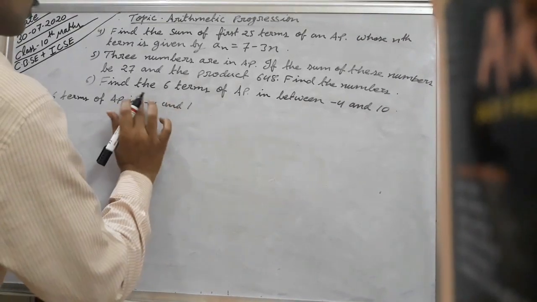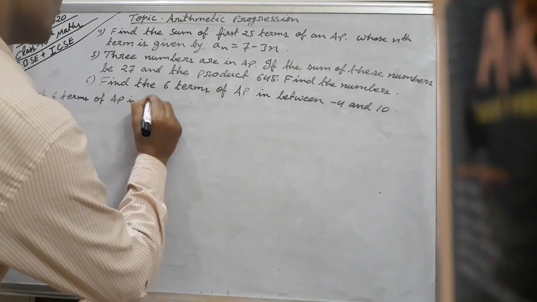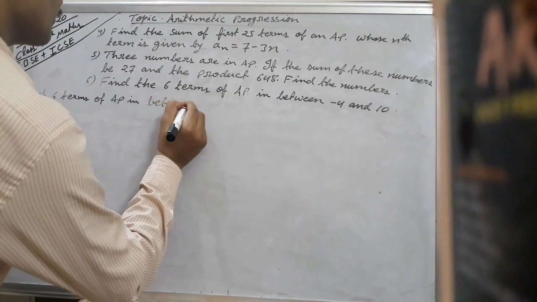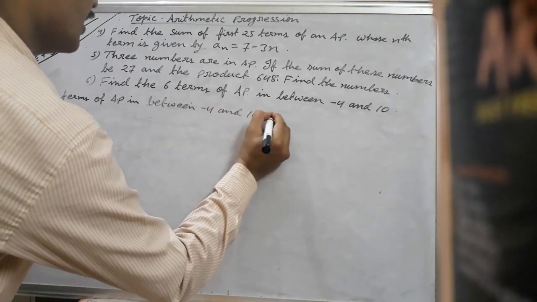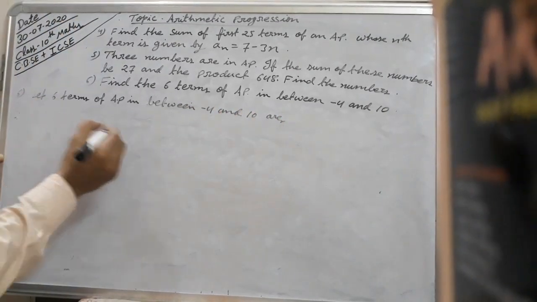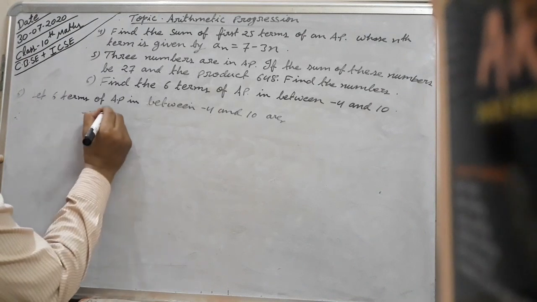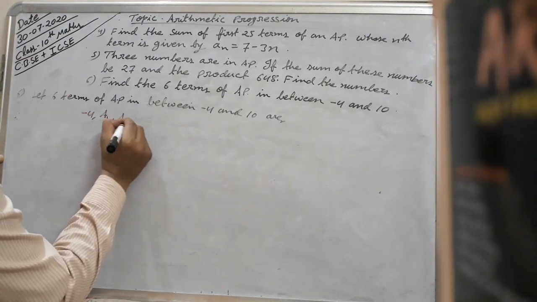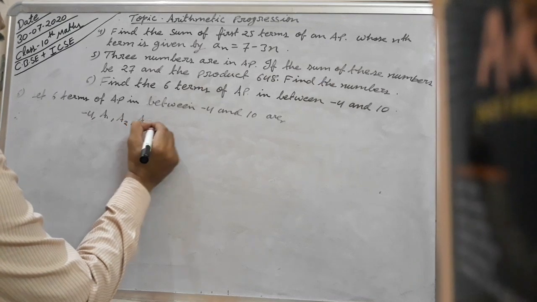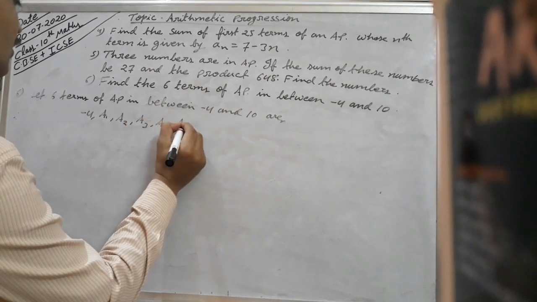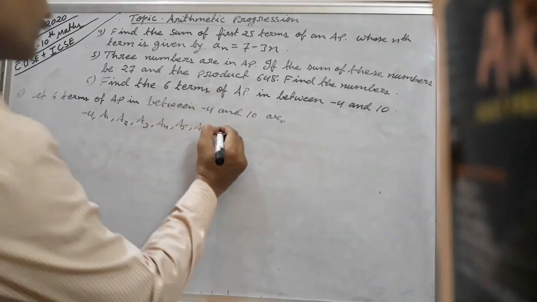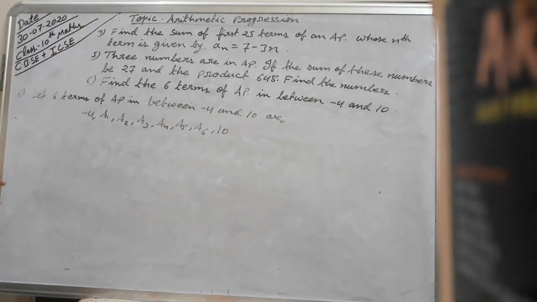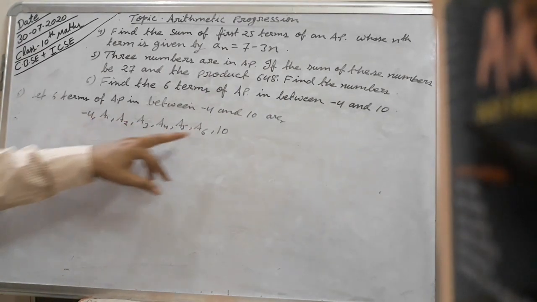Here you write in between minus 4 and 10 are minus 4, A1, A2, A3, A4, A5, A6, and the last term is 10. You have to find the value of A1 to A6, the 6 terms between minus 4 and 10.